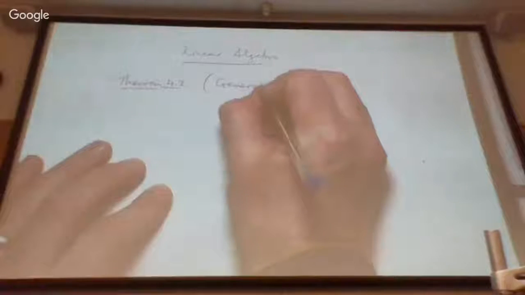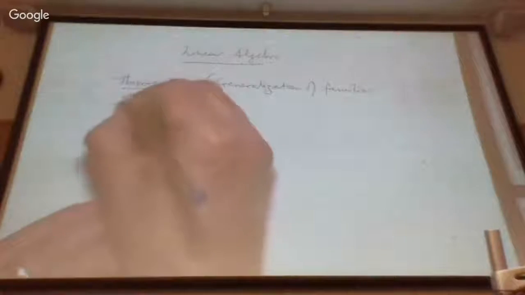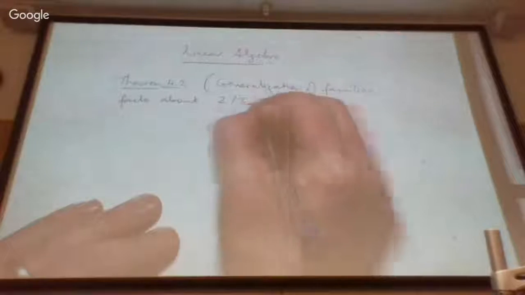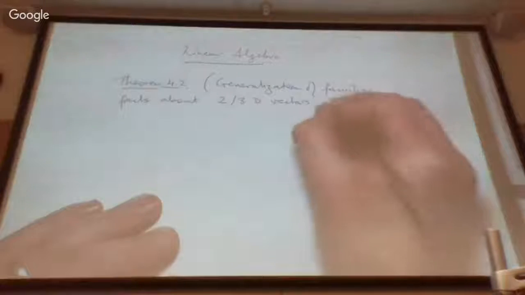Now this theorem 4.2, as with a lot of these things we're looking at here, can be seen as a generalization of much more familiar facts that you already know from the familiar vector spaces of 2- and 3-dimensional geometric vectors. So this is a generalization of familiar facts about 2 or 3D vectors and the dot product.